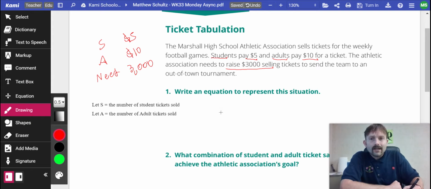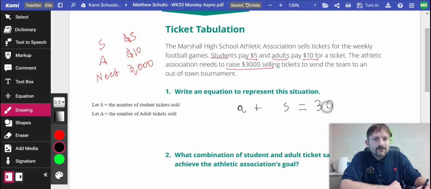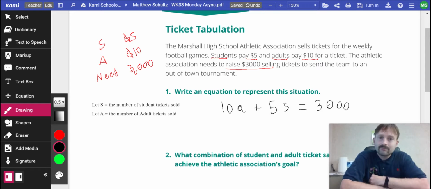So I know A plus S will equal the number of tickets sold. But I want prices, and I know that I need to earn $3,000. It's $10 for every adult ticket, and it's $5 for every student ticket.